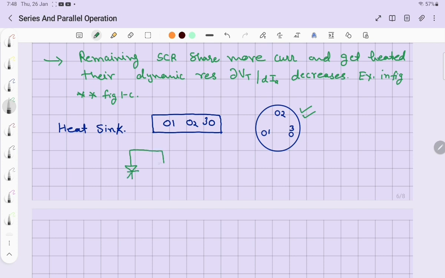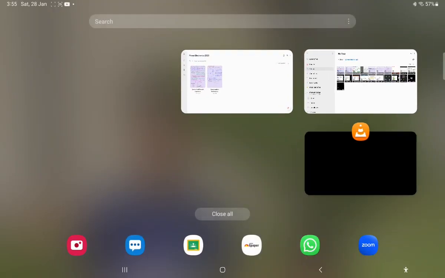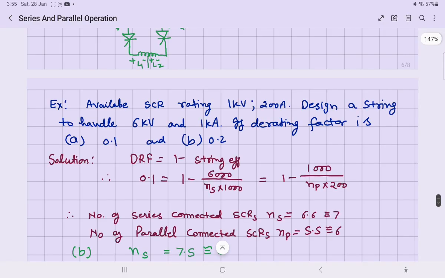Once the dynamic characteristic decreases, dynamic resistance decreases. So more and more current will flow through those SCRs which are already turned on. Finally, your thyristor may get burned. So they should not heat up.